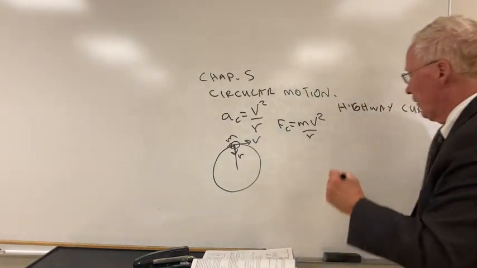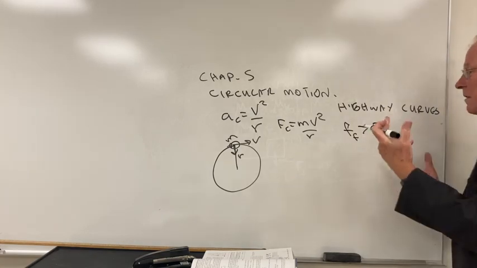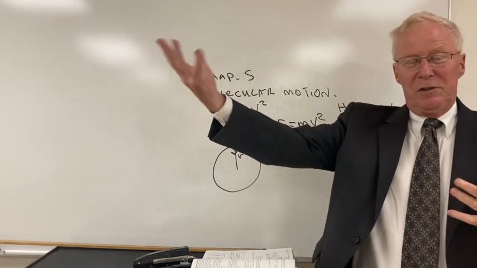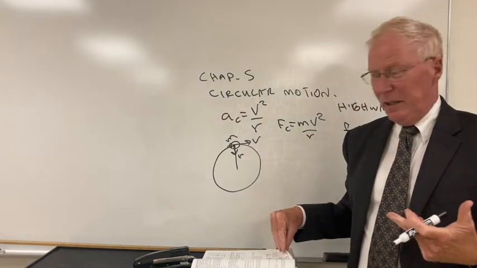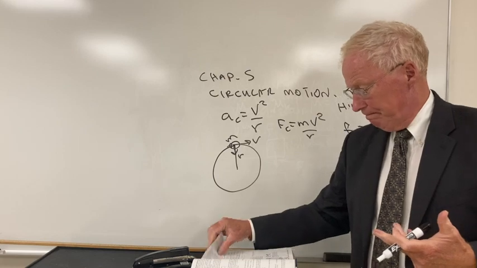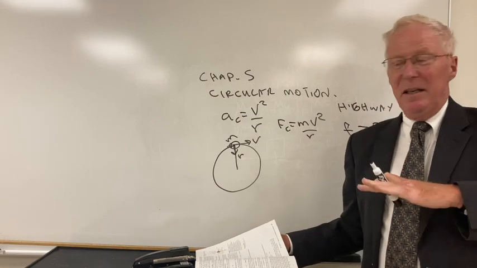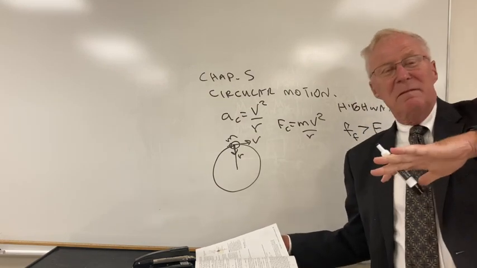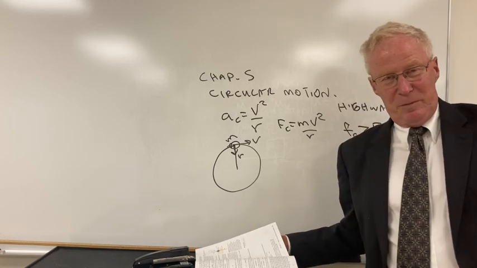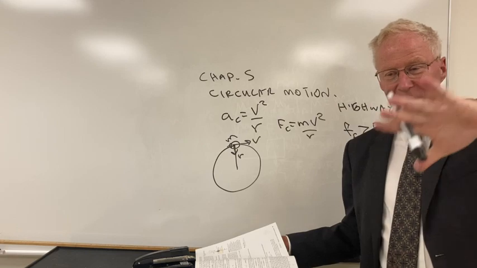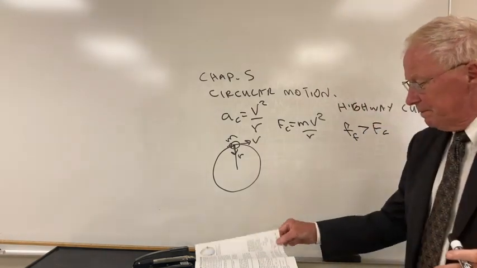As long as the frictional force is greater than the centripetal force, the car will stay on the road. Otherwise, it'll slide off. If you have too much speed or too low friction, it will slide off the road. We have problems related to that. We're not doing anything on banked curves, which in real situations let you go at a higher speed because you have a slightly downward force onto the inside. But we're not getting into that at all.